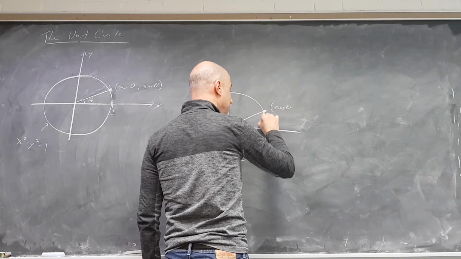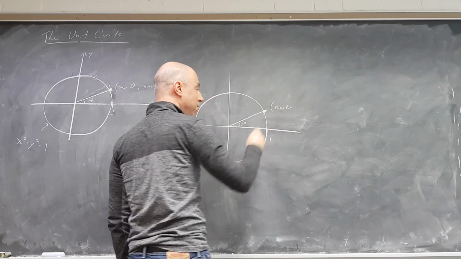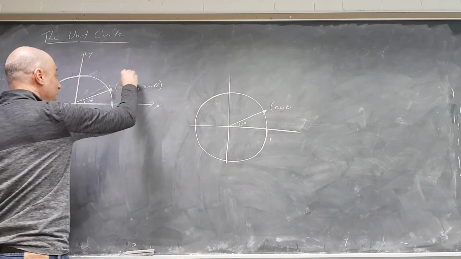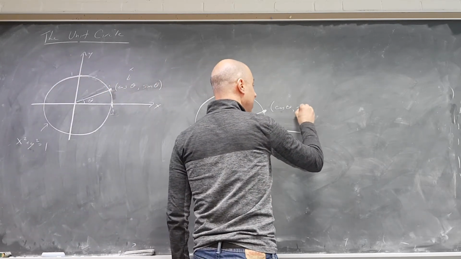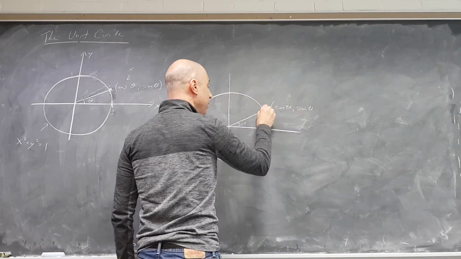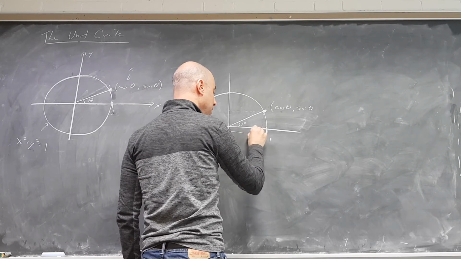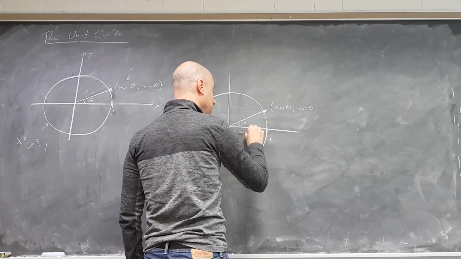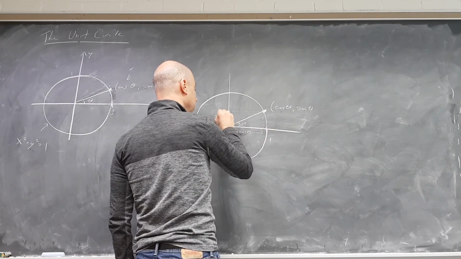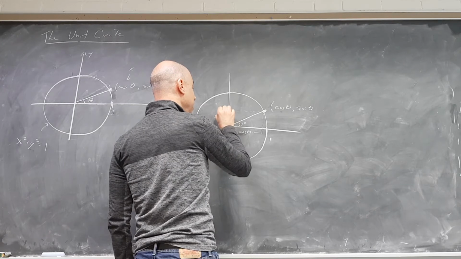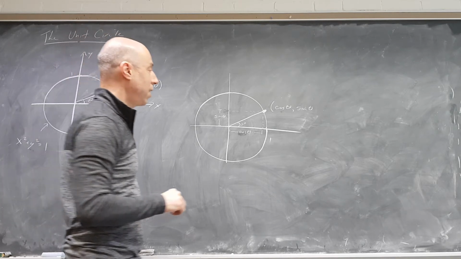That's going to be how far over we are on the x-axis, because we said the first coordinate is cos theta. That's the x-coordinate. And the y-coordinate is going to be sine theta. That's how far up you are. So this distance from here to here is cos theta. That's where you are on the x-axis. And this distance up here is sine theta. If you think back to that video I made about the Ferris wheel, you'll see that that's consistent with what I said the first time.